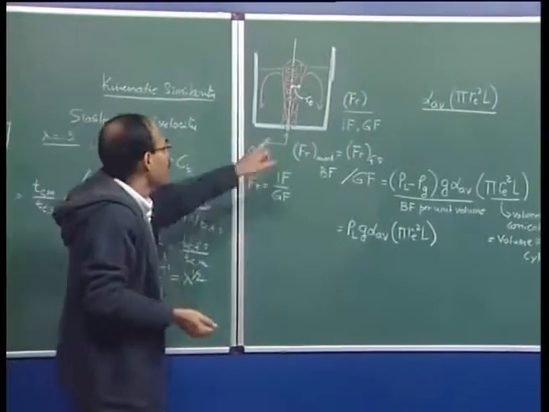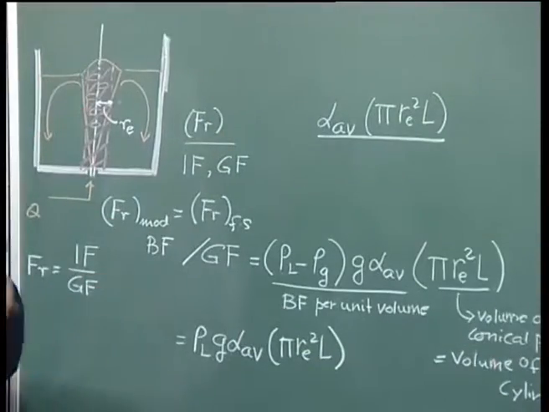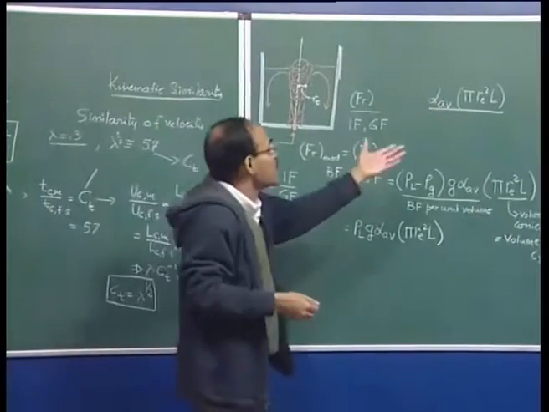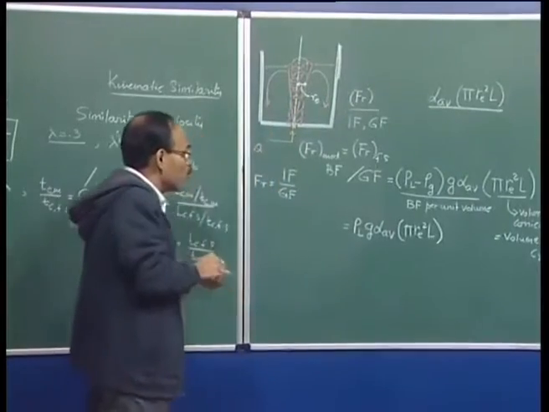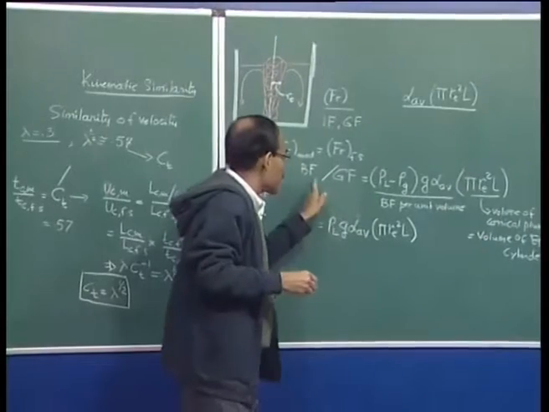Even though we may have variation in gas volume fractions, we can integrate that over the plume and find out an average or representative gas volume fraction. So, this represents the total amount of gas present in the two-phase plume region. This is the expression of buoyancy force.